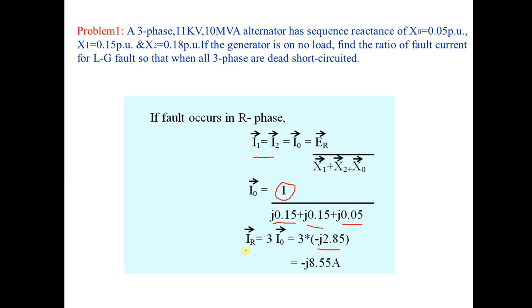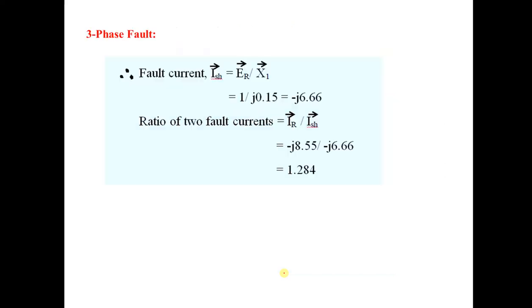Here IR is equal to 3 times I0 for the fault current, so multiplying 3 into minus J 2.85, we obtain the R phase current as minus J 8.55.